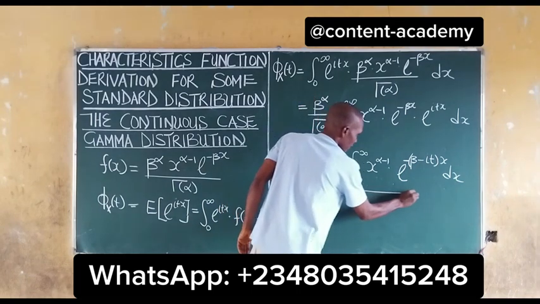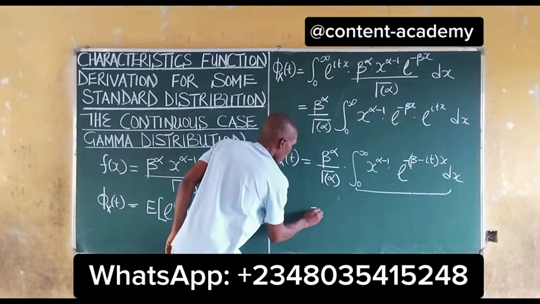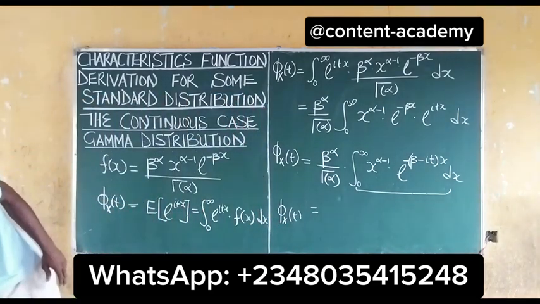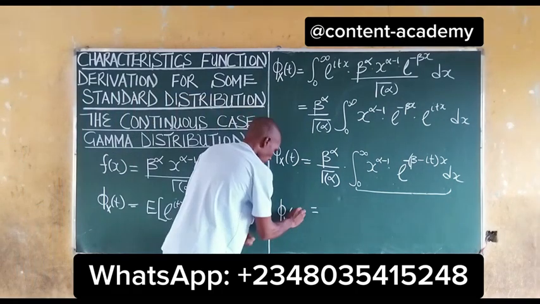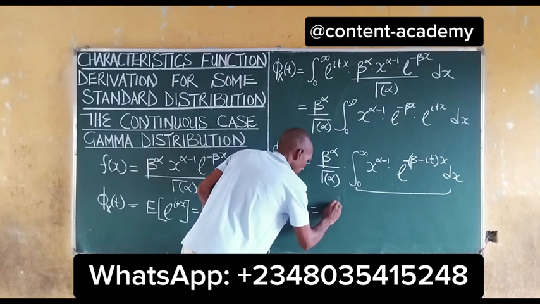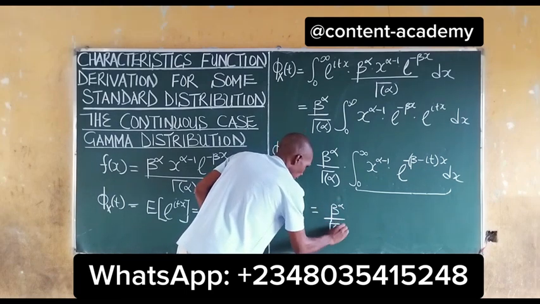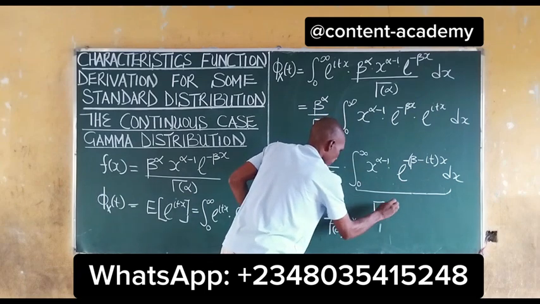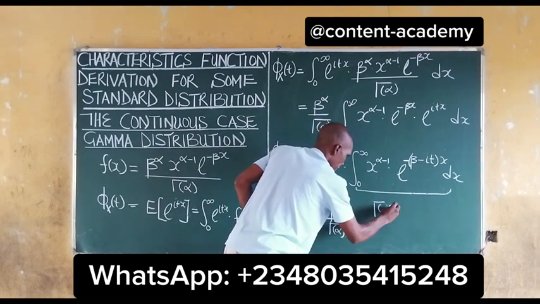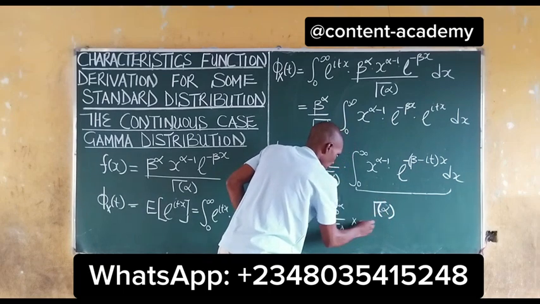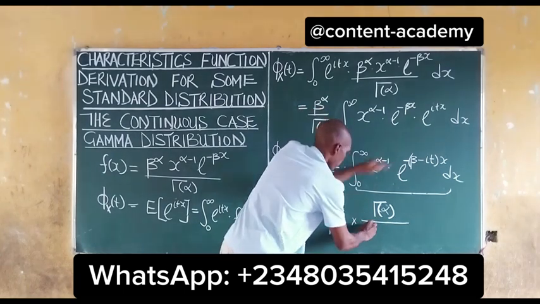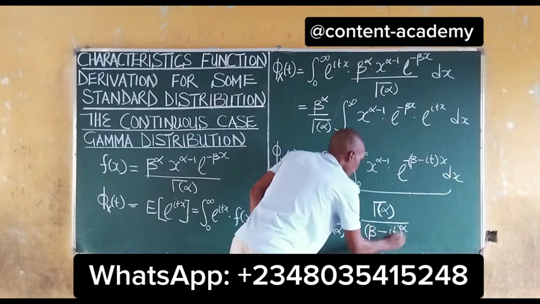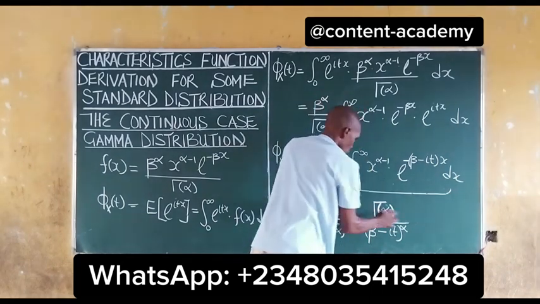Of course, the whole of this integral means something. So we have the gamma function of alpha all over beta minus it, to the power alpha. So the whole of this integral will give us this.